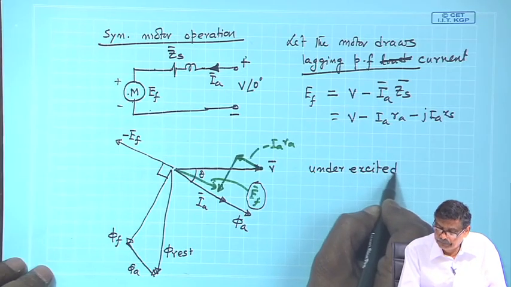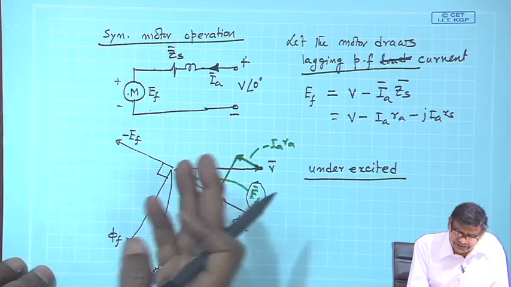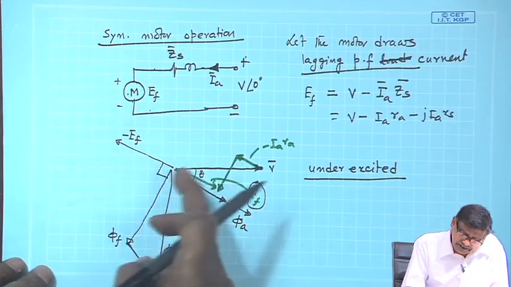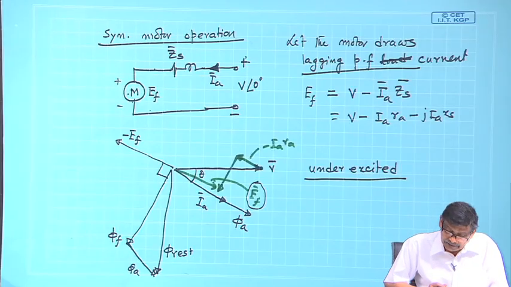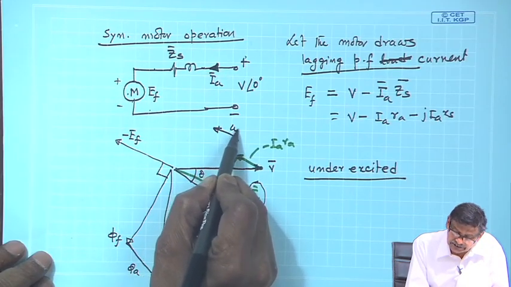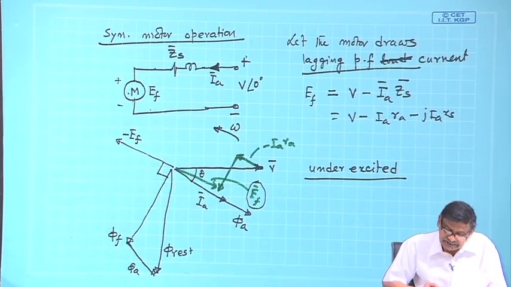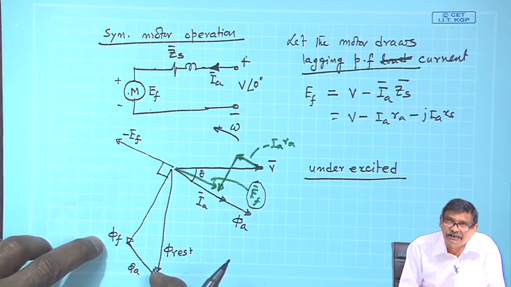Of course, while solving problems, it is not necessary to draw E f, phi r all the time. But only one thing I will tell, that all phasors are rotating in the anticlockwise direction omega like this. In this case, this is the rotor field phi f, this is the net field.